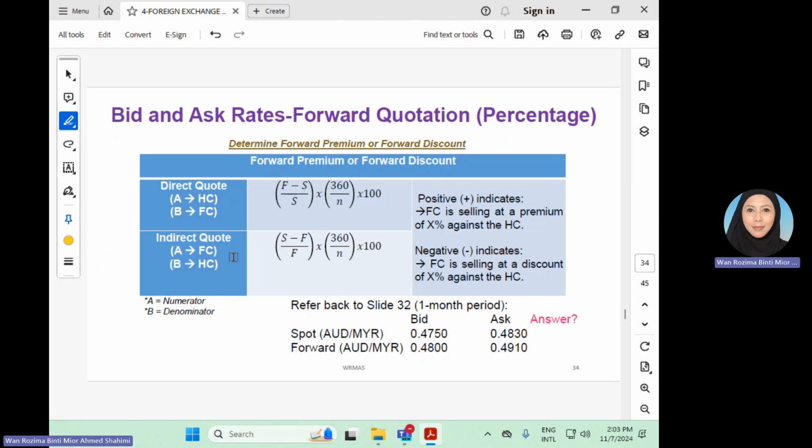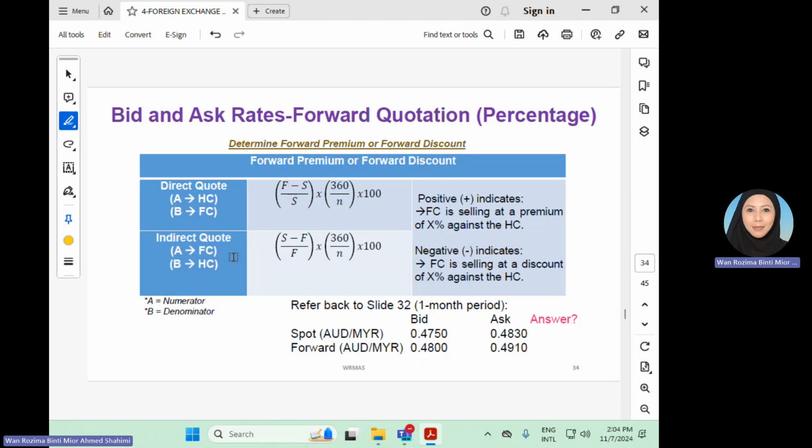Next chapter, I'm going to show you when to use ask, when to use bid. So for now, use bid. Next class, I will show you when you need to use ask, when you need to choose bid. But for now, just choose bid only. Basic first.